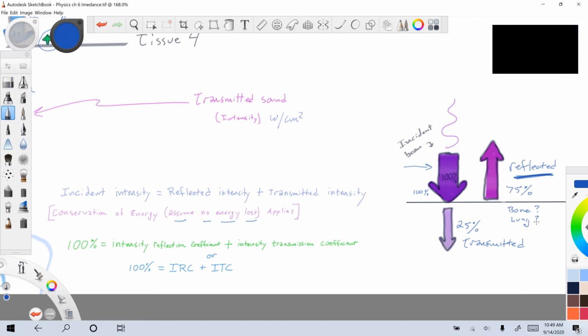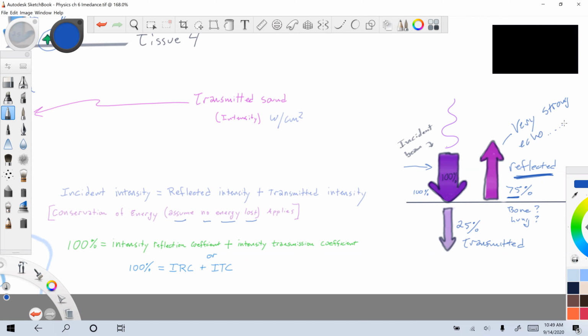They both have the same effect of reflecting a lot of sound. So what does that mean? Very strong echo.